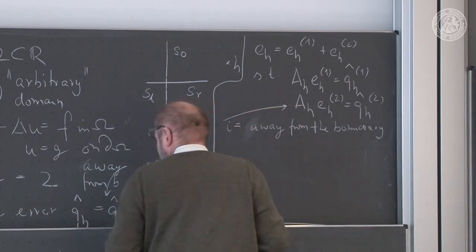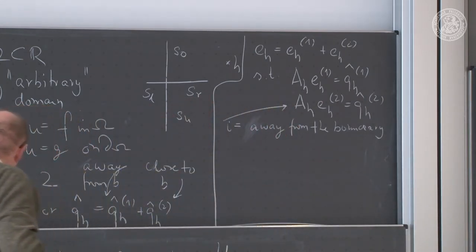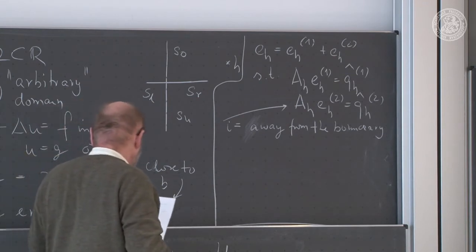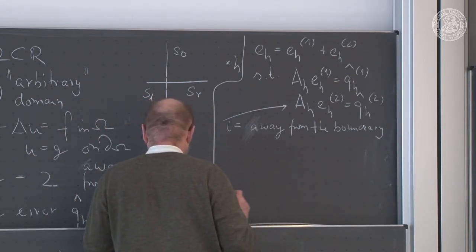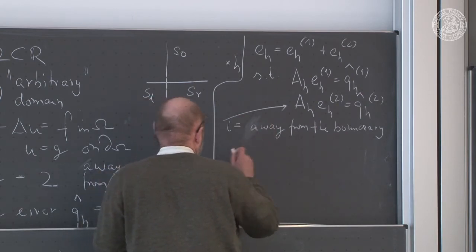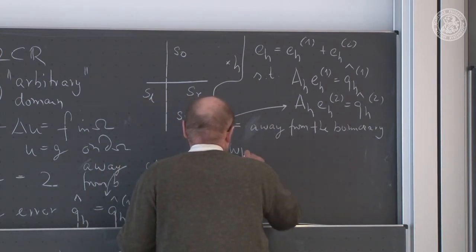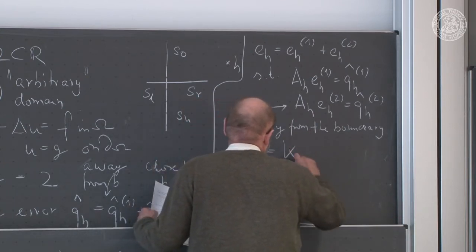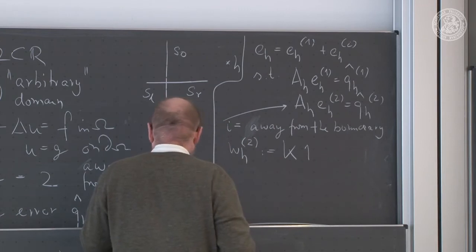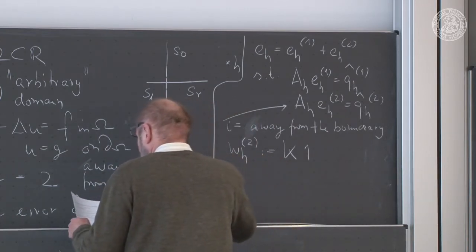We need now this auxiliary function we have dealt with, this omega h. So we do the same thing. So we have again omega h and omega 1h, omega 2h. And the omega 2h we do not have to look at. This is a constant times 1. And the constant is exactly a constant.